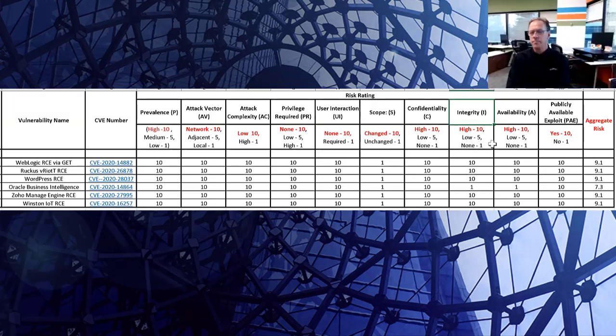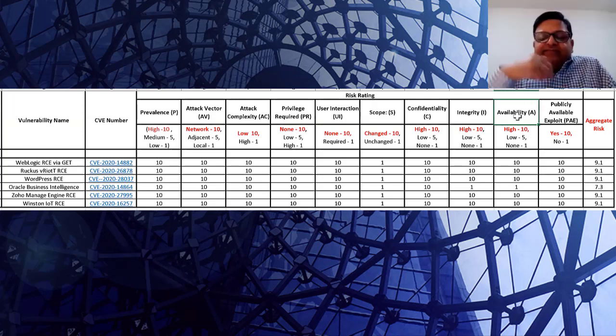Okay. And as far as availability is concerned, if I am able to intrude on that server and make that particular application go under a denial of service kind of attack, or not really a denial of service, but a denial of resources essentially.